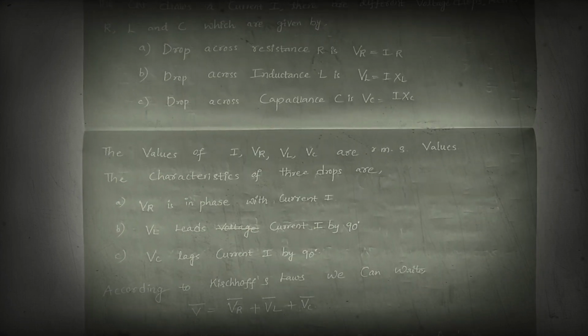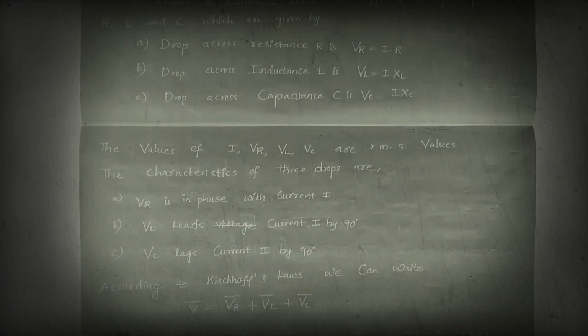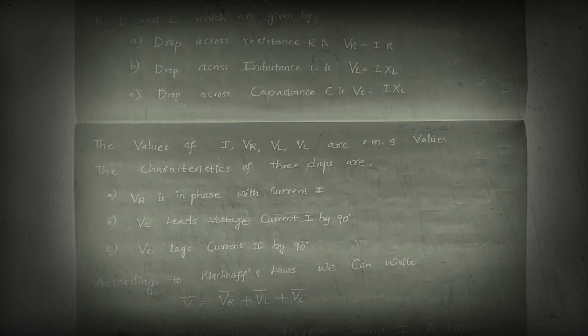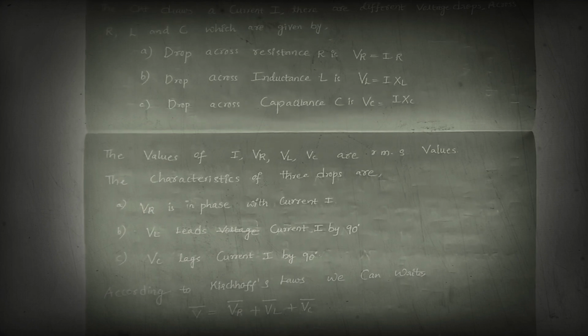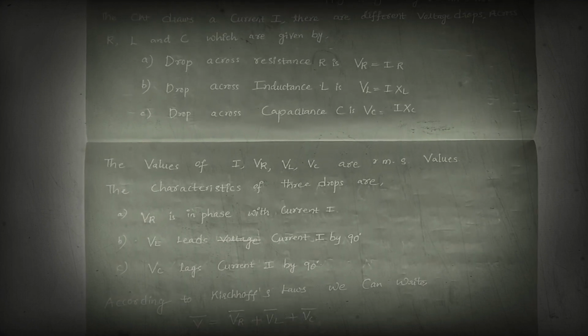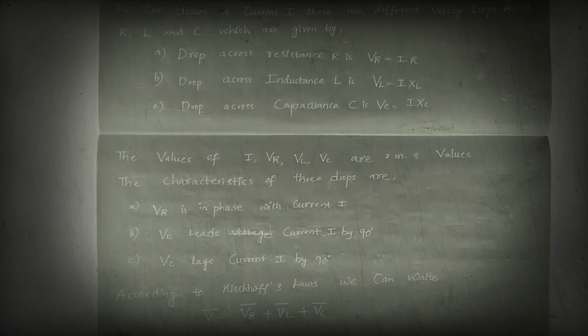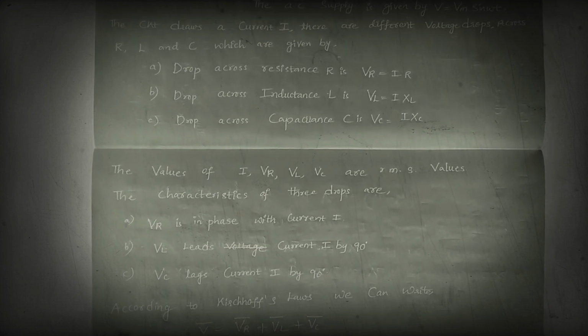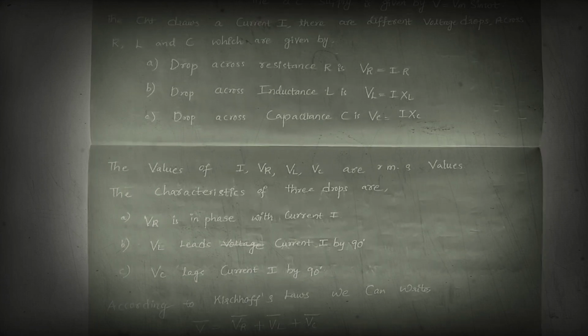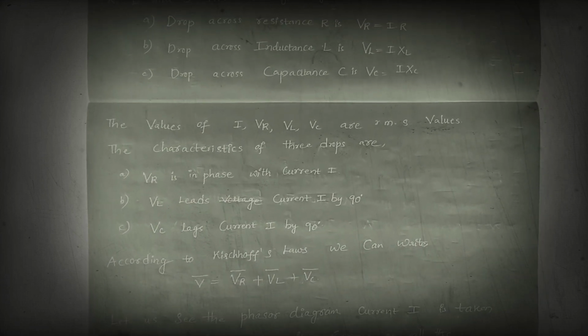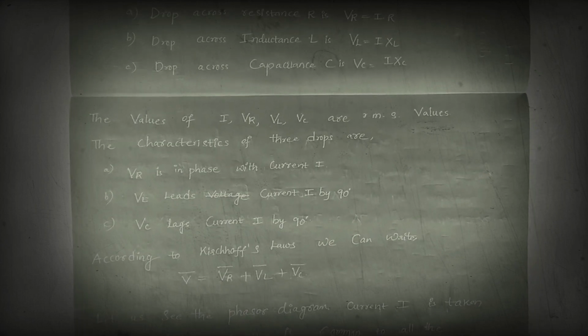The characteristics of the three drops are: VR is in phase with current I. We always know that whenever a voltage V is applied to a pure resistive circuit, the current and the voltage are in phase. VL leads current I by 90 degrees, and VC lags current I by 90 degrees.